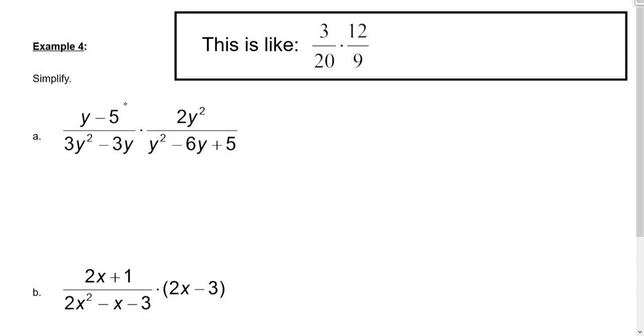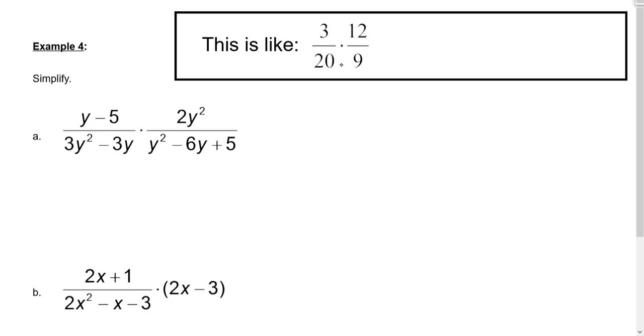Okay, so if we're multiplying rational expressions, it's going to look a lot like what you did in maybe 5th, 6th, or 7th grade when you did operations with rational numbers. So you started off doing multiplication with those operations.